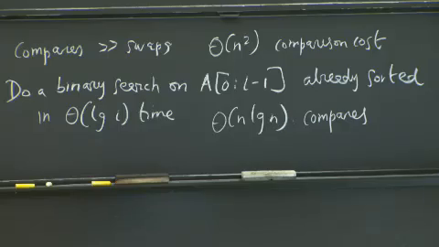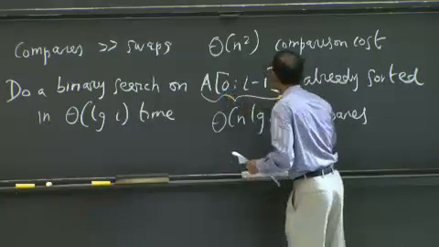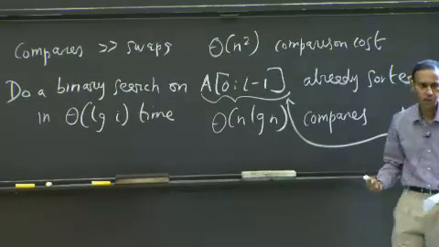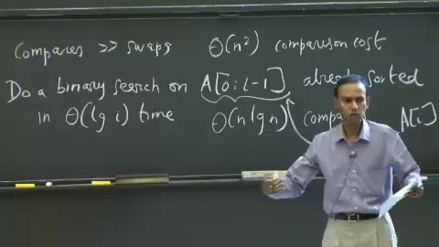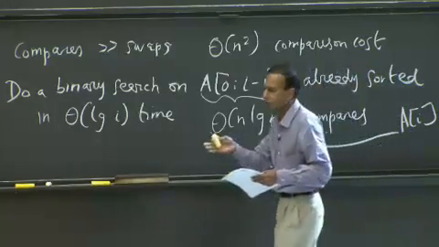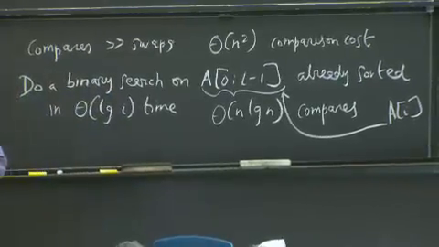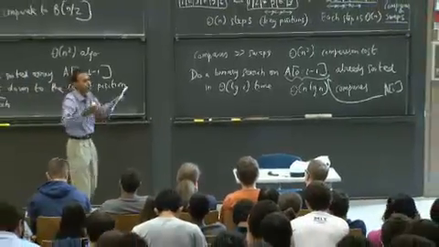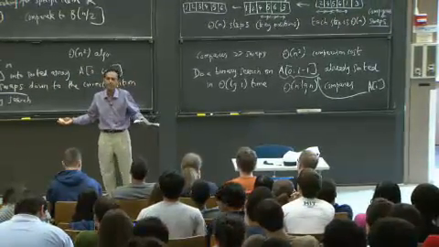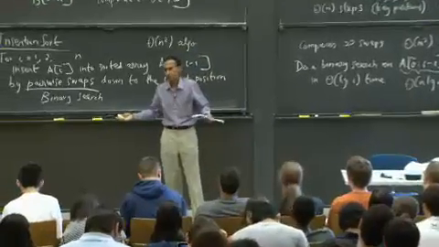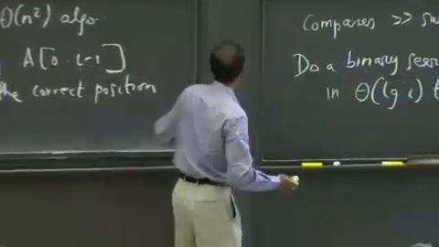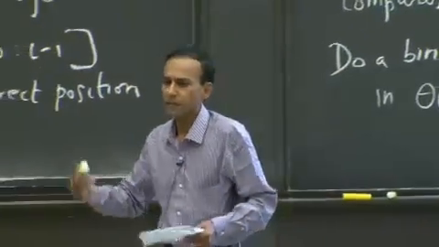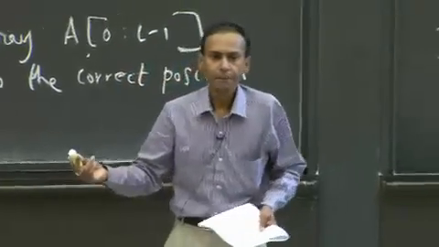We don't quite have that because we need to insert our a of i into the right position into a of 0 through i minus 1. When you do that, if you have an array structure, it might get into the middle, and you have to shift things over to the right. And when you shift things over to the right, in the worst case, you may be shifting a lot of things over to the right, and that gives back the worst case complexity of theta n. Okay? So a binary search in insertion sort gives you theta n log n for compares, but it's still theta n squared for swaps. All right?